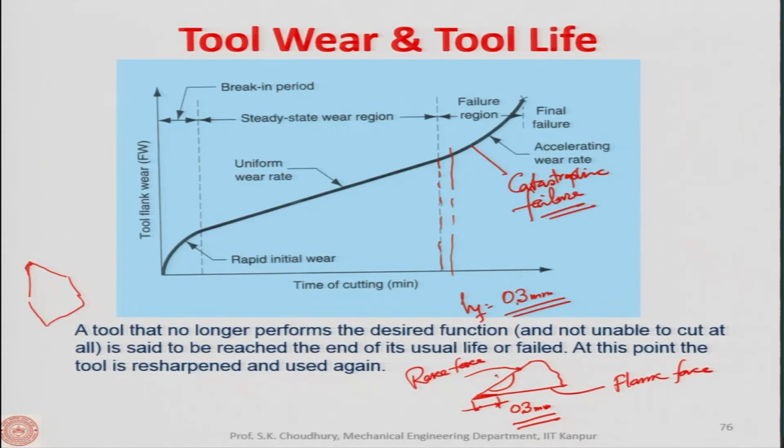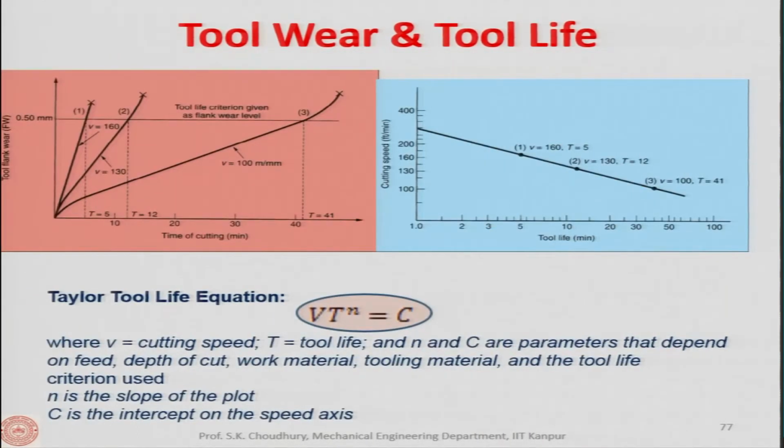This is the depth of the crater. This can be measured with a microscope, and as soon as it reaches 0.3 millimeter, the tool is taken out for resharpening. Here, of course, it is given as 0.5 millimeter, but it can also be 0.3 millimeter, as we said. Normally it is 0.3 millimeter.